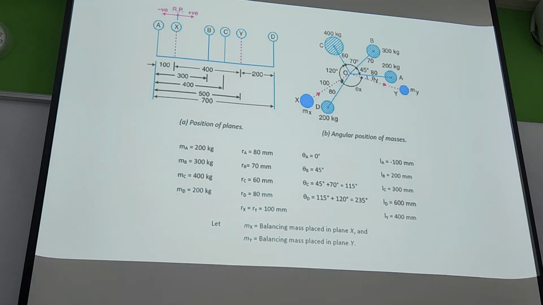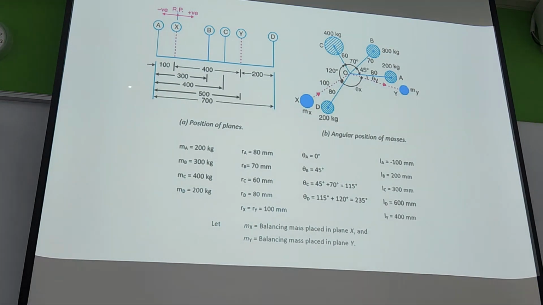So what we need to calculate? The counterbalancing masses on the planes X and Y. So this is mass Y, this is mass X, where you need to put at 100 mm. So the distance is given. Okay, is that clear? All the given information you are listing out.